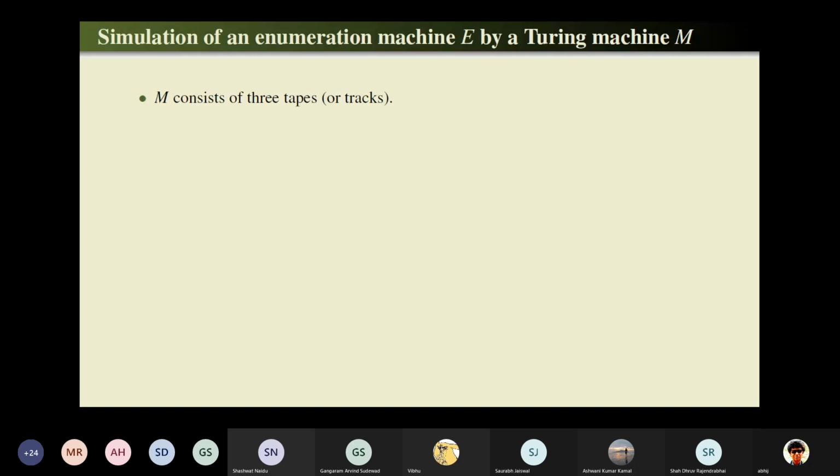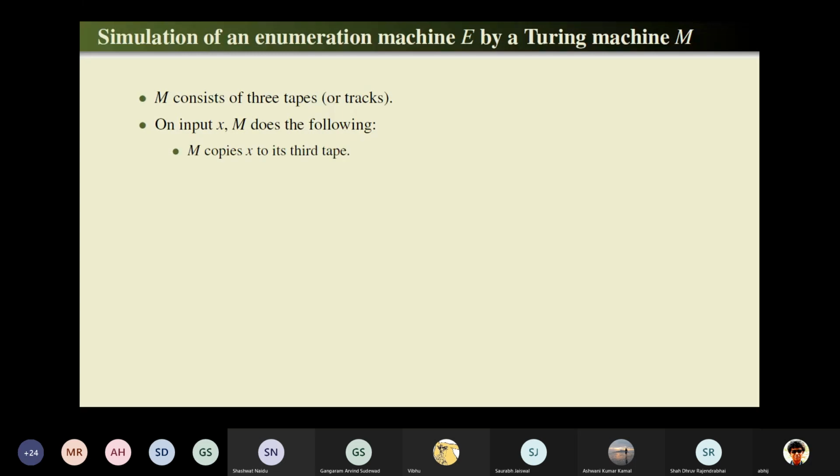So I may construct this M as a 3-tape machine. This is a Turing machine, so it will accept its input if and only if that input is ever enumerated by E. It is given some input, let's call it X. It stores this X somewhere, maybe on the third tape.